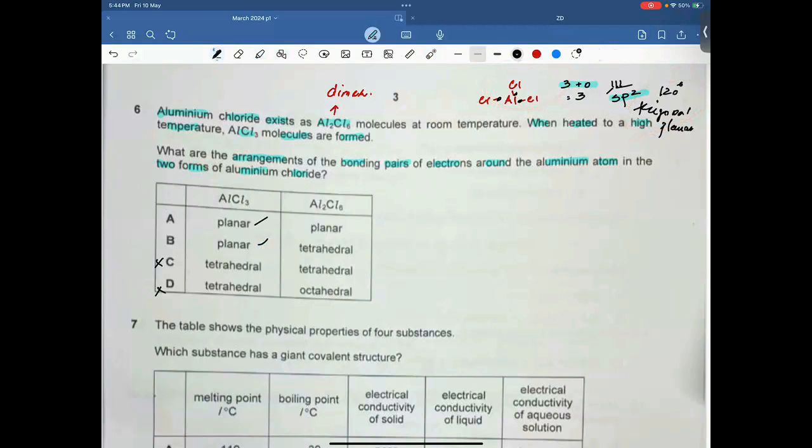All right. Okay, now the next is Al2Cl6. You guys know that Al2Cl6 has a structure like this. This is the dative one, by the way.